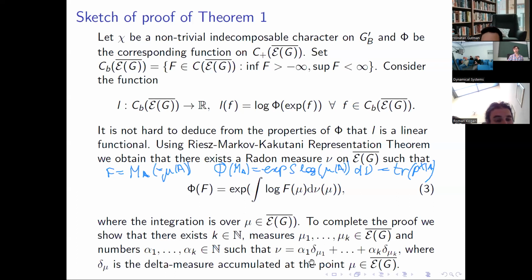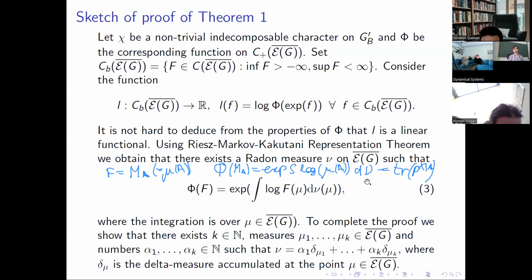But then, if you substitute the formula for nu here, you obtain this integral will be just sum of logarithms of finite amount of measures of A with some multiplicator.